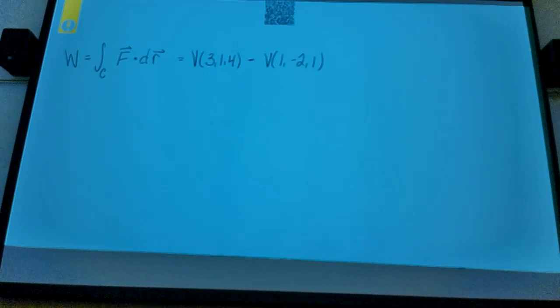The integral is path independent. All that matters is the end point and the starting point.